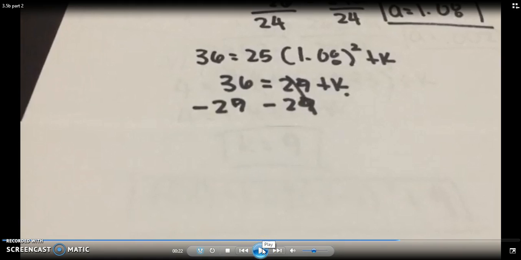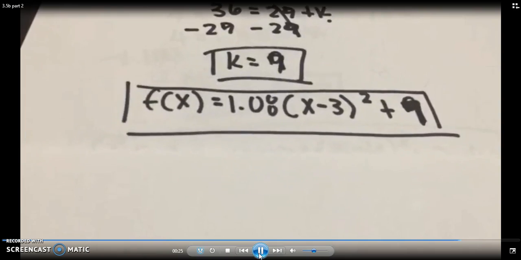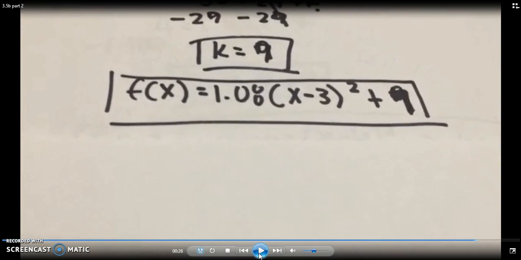So it would be 36 equals 29 plus k. 36 minus 29 is equal to 7, so k equals 7. So my final equation would be f of x equals 1.08 parentheses x minus 3 parentheses squared plus 7.